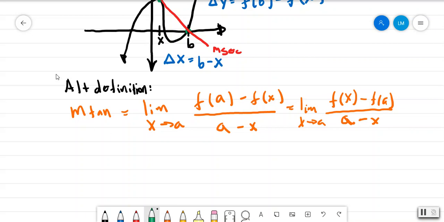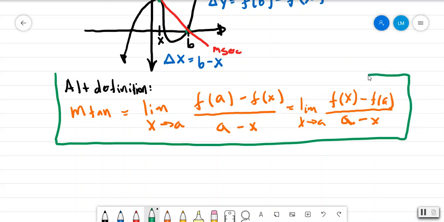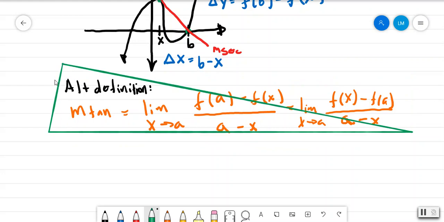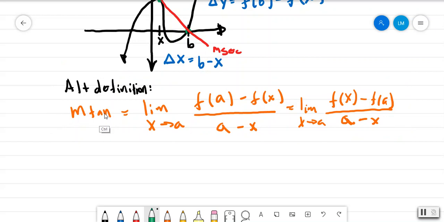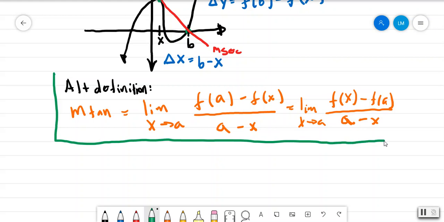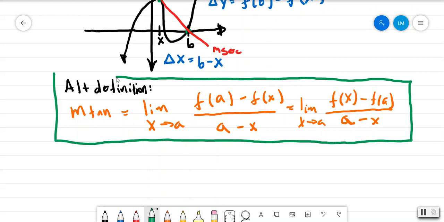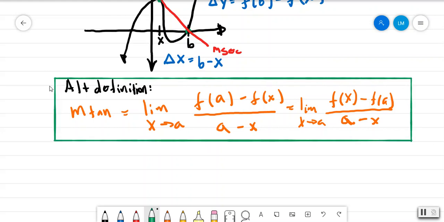We'll just box this in, and we'll say that that's the alternate definition. Okay, that's a little bit better.